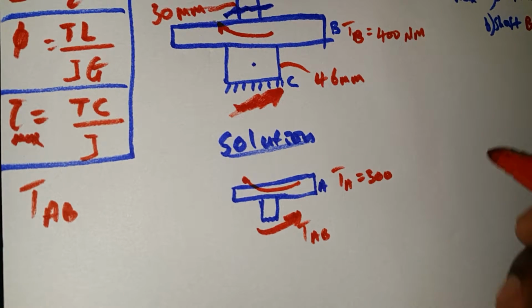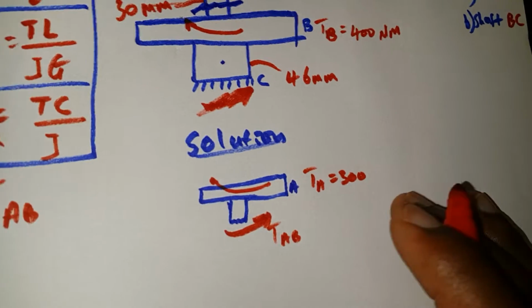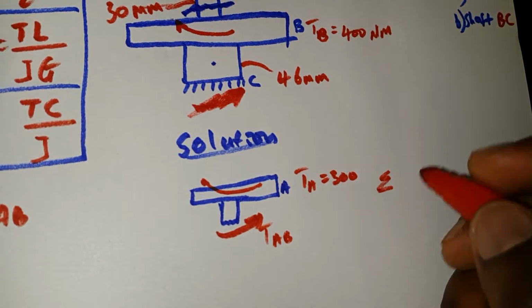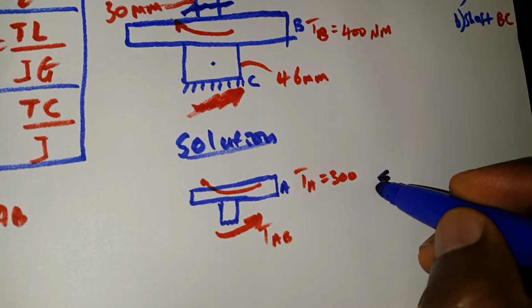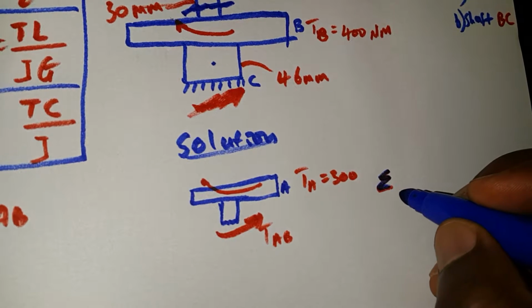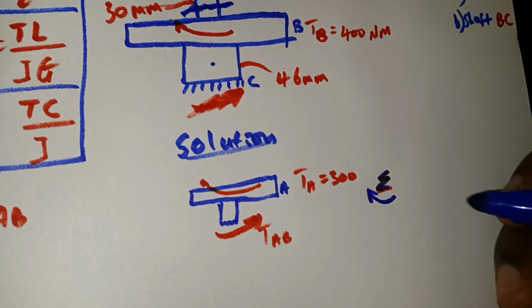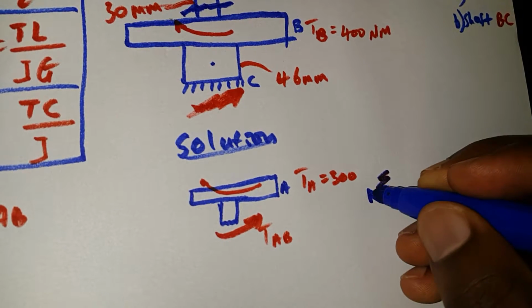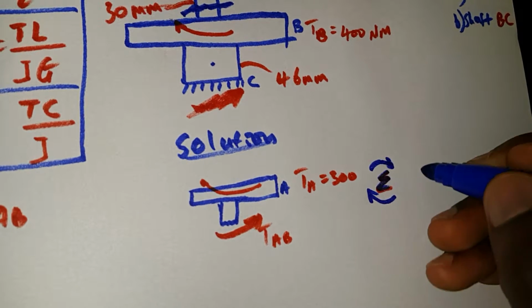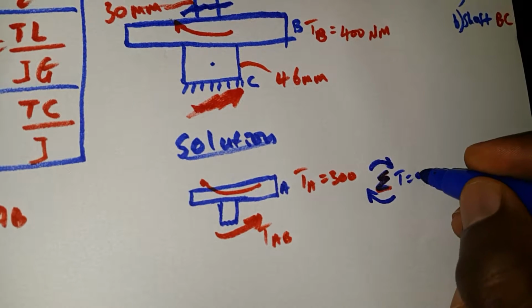Summation of torsion. From here, I will say that summation of torsion, let me use another pen, in this direction, let me say in this direction is negative, in this direction is positive, is equal to 0.